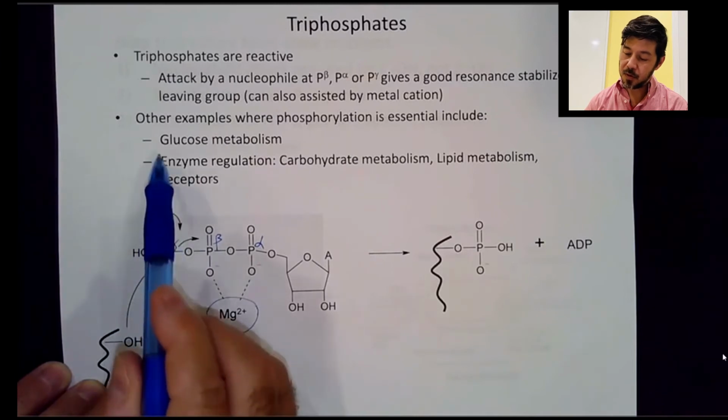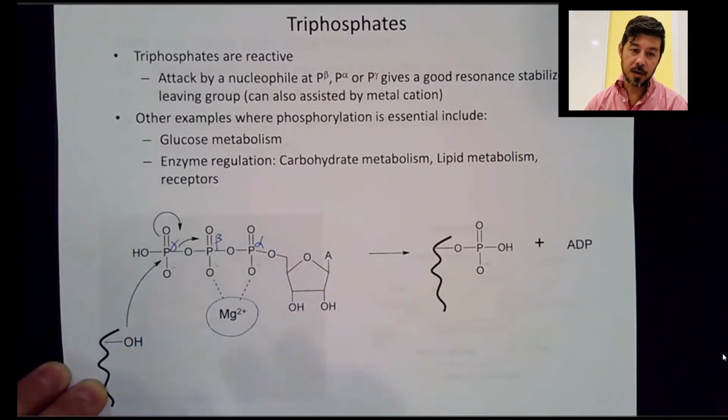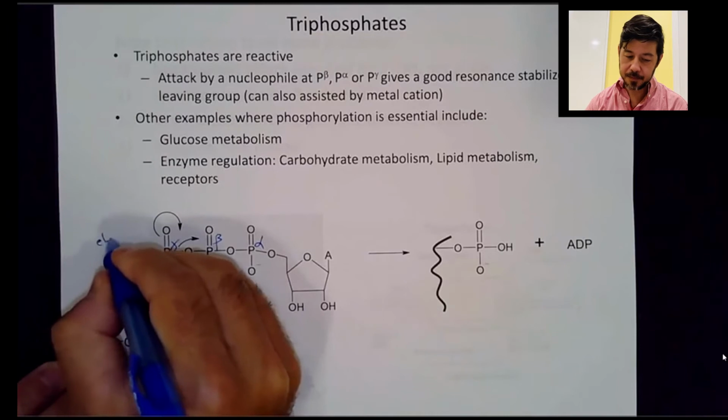So glucose metabolism or enzyme regulation, and really how do you know how this is going to work? Well, this really depends on how the enzyme is set up in order to orient the nucleophile with the electrophile.